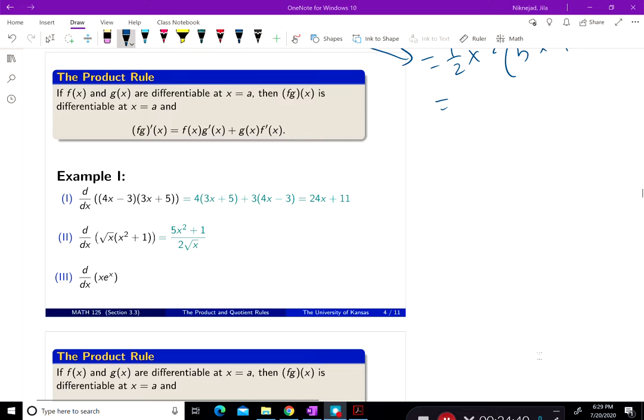So far we did 2 derivatives that you can do with other methods, but now we're doing another one that you cannot use other methods with. How do I take the derivative of this one with the methods that I know other than the product rule? We can't. So let's use the product rule. Let's have x as f of x and e to the power x as g of x.